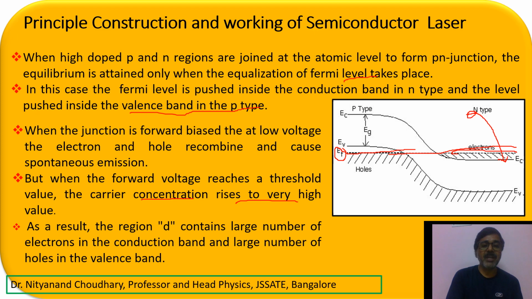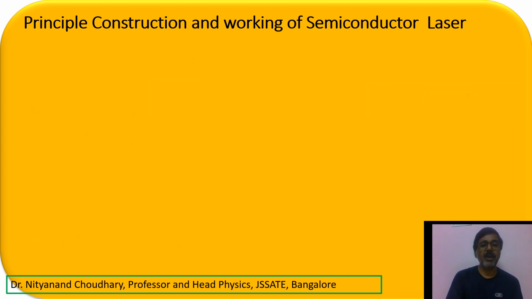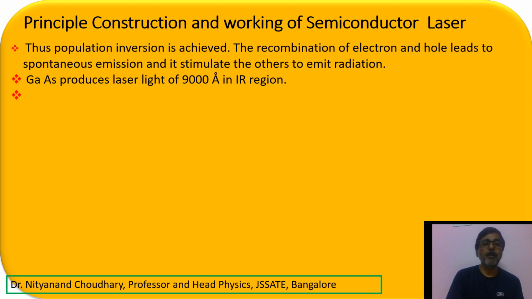As a result, the region D, what was the region D? The depletion region contains a large number of electrons in the conduction band and a large number of holes in the valence band. All right. So what is happening then? The population inversion is achieved. So because of that, a population inversion is going to be achieved.